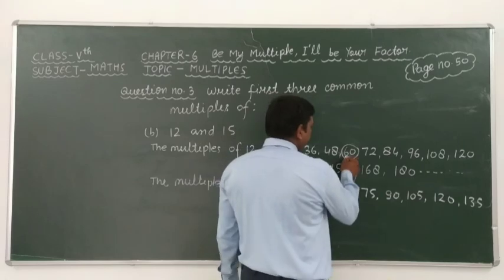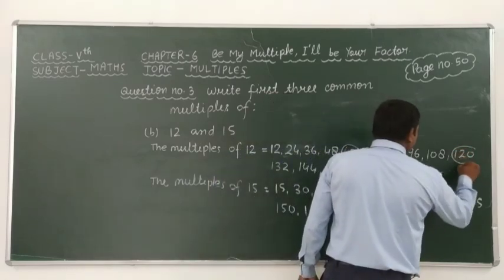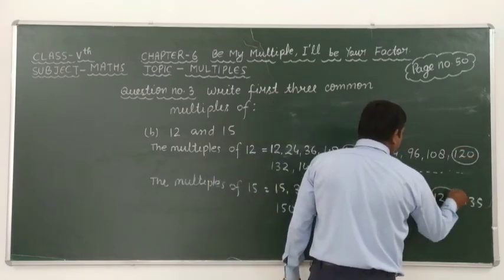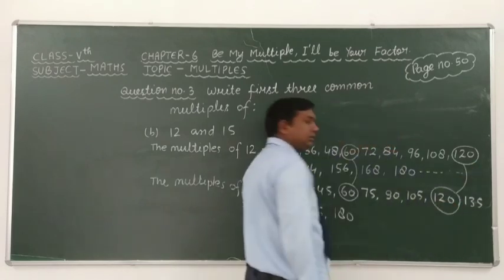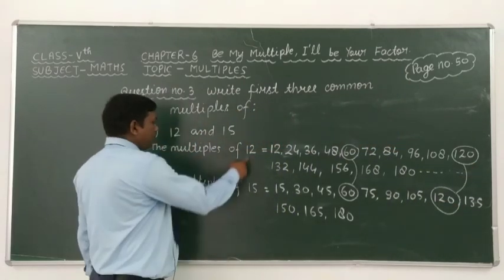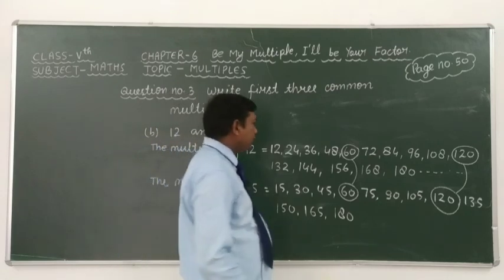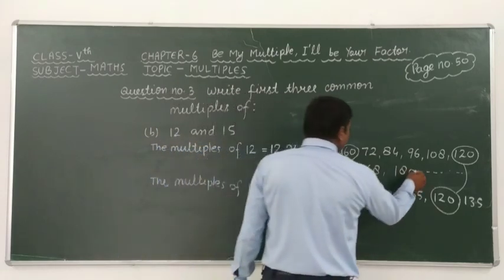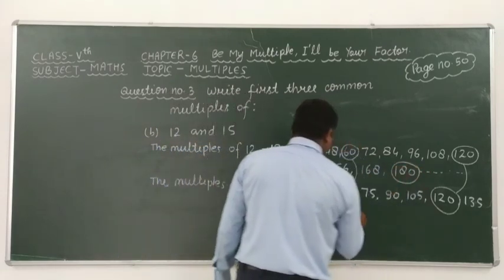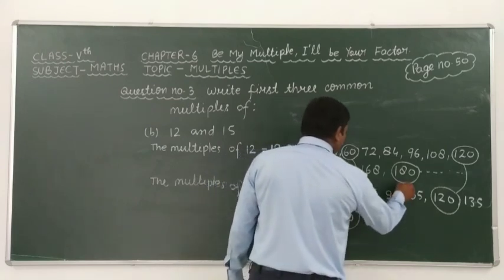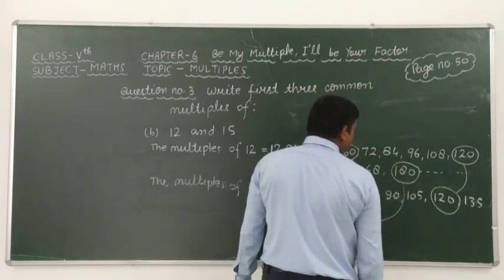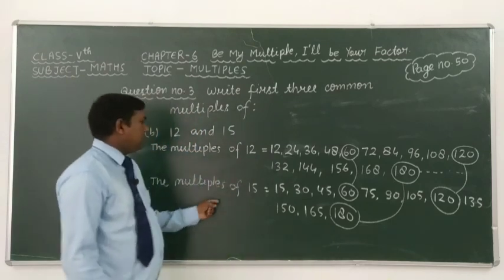Similarly, here we get 120, and here we get 120. Then 120 is a common multiple of 12 and 15. And in last, here we get 180, and here we get 180. Then 180 is a common multiple of 12 and 15.